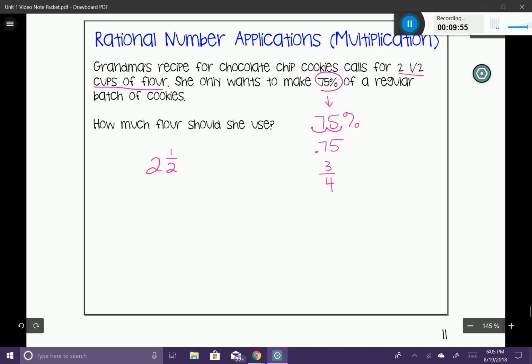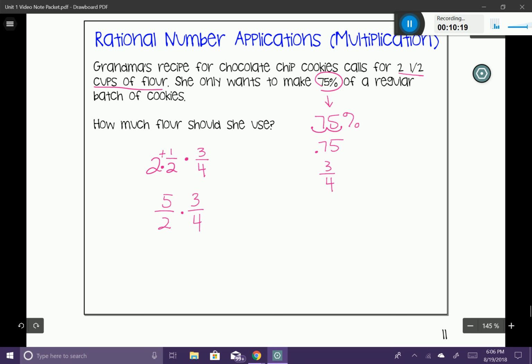So basically, we're going to be multiplying it by 3/4. So now let's change our first mixed number into an improper fraction. I'm going to multiply my denominator by the whole number. So 2 times 2 is 4. I'm going to add 1. So I'm going to get 5 over 2 times 3/4.